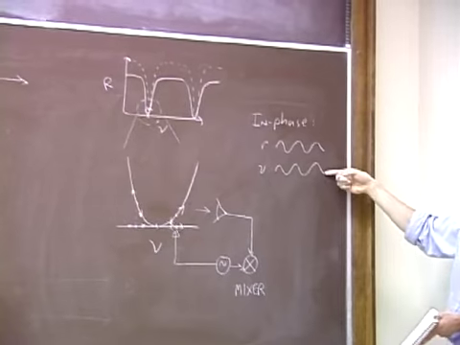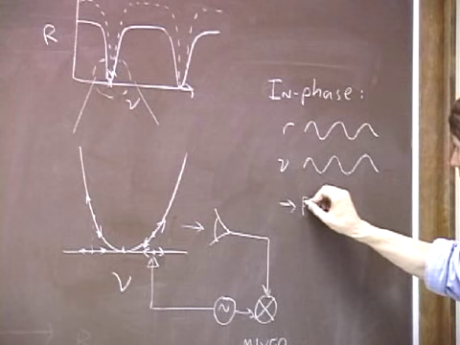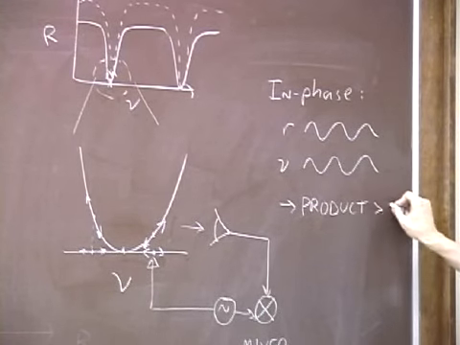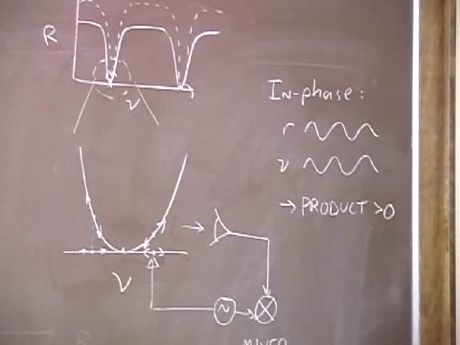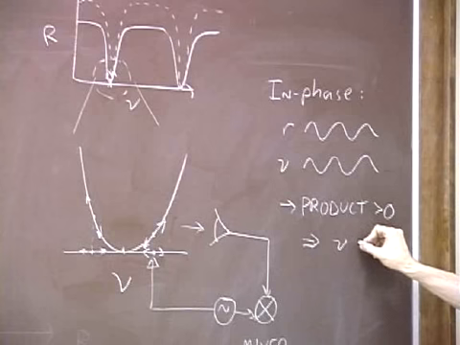The product of these two sine waves is positive. It's greater than 0. And that tells us that the frequency is too high.